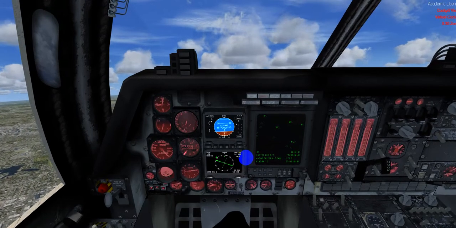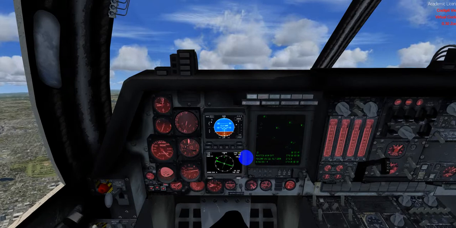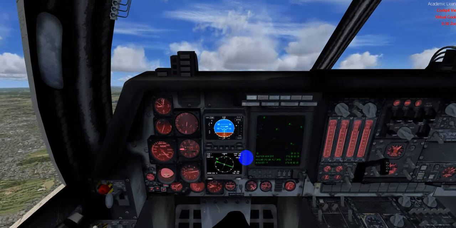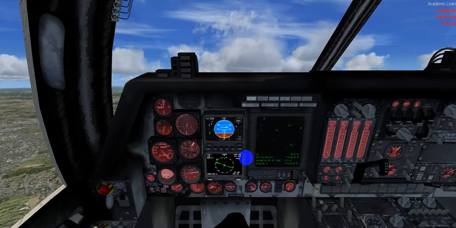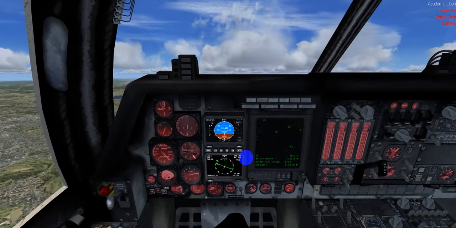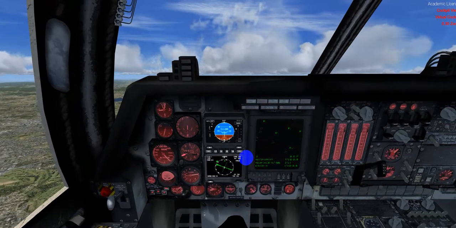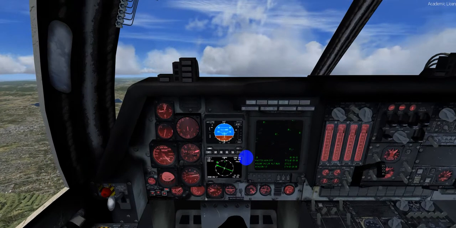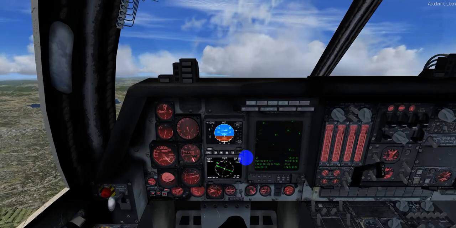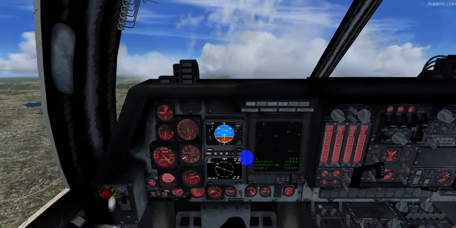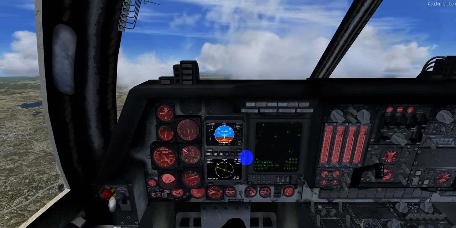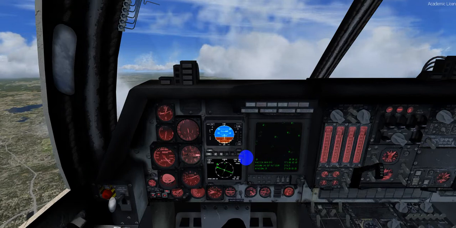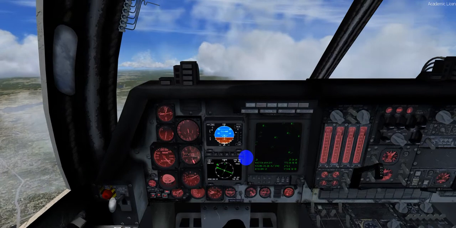So we're in a nice stabilized climb. And as long as we have the speed, we're going to keep climbing. Now the airspeed may bleed off a little bit depending on how strong our engines are. But let's see, we're passing through 6,000 feet now. Trying to adjust the volume in my ear a little bit here. Okay, that's better. So we're 7,000 feet now.